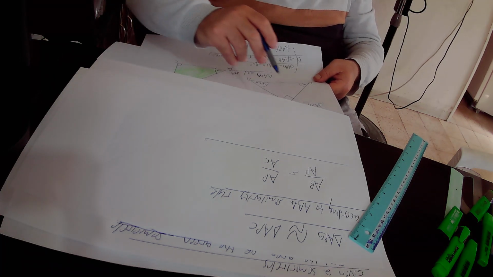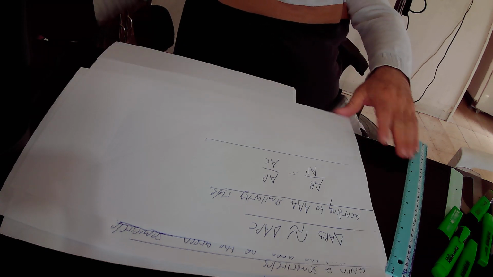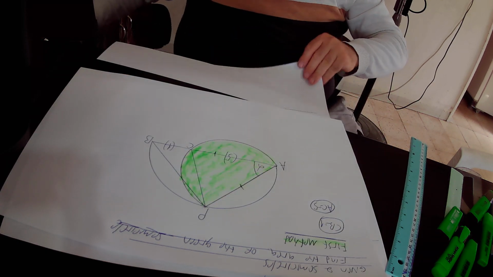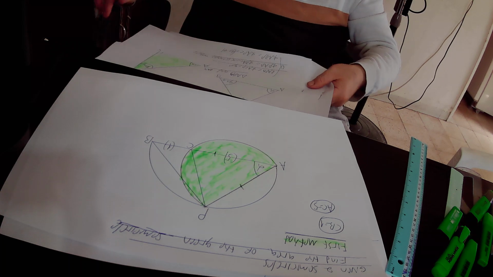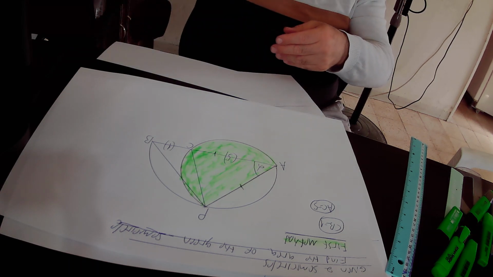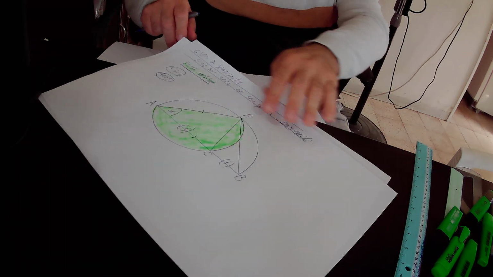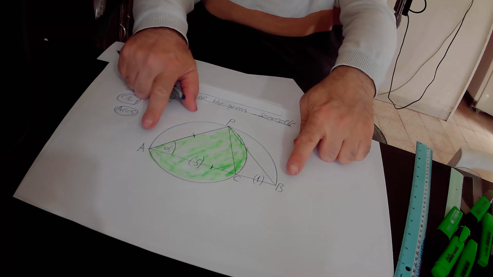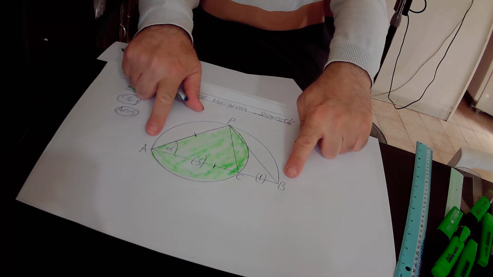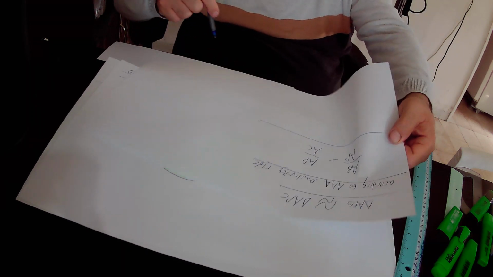What is the length of AB? From the drawing, it is very easy to see that AB in total equals 5 plus 1, that is 6. So AB equals 6. We substitute AB by 6.